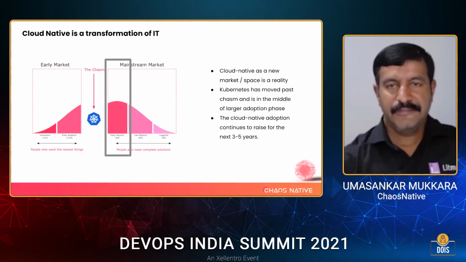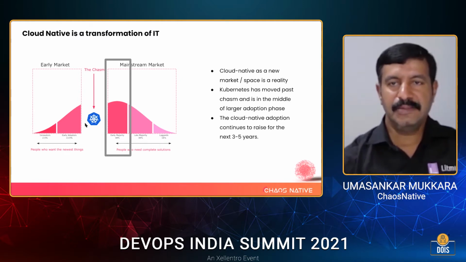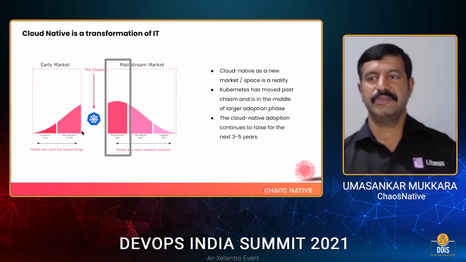So while that's already going on, there are still adoption challenges when it comes to reliability, right? Reliability, how will my services be after I move to cloud native or Kubernetes or microservices architecture?